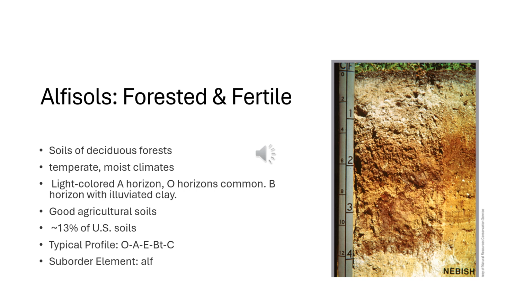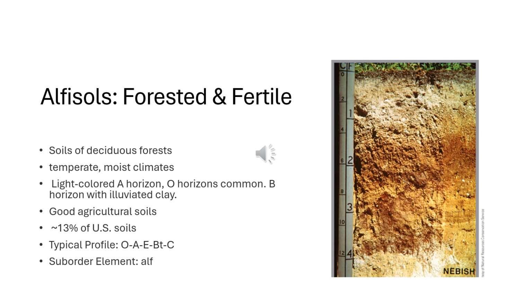First up, alfisols. These are typically found under deciduous forests in temperate moist climates. They often have a light colored A horizon and a B horizon enriched with illuviated clay. Alfisols are generally quite fertile and make good ag soils. In the United States, it's about 13% of U.S. soils, and especially in the north central states.